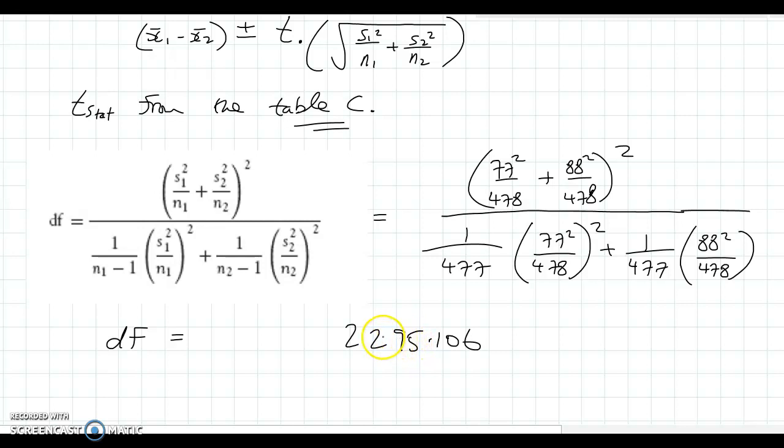Jeepers, that is big. The degrees of freedom on the table here in front of me go up as far as 1,000. Alright, so we're heading towards the Z row on the table.